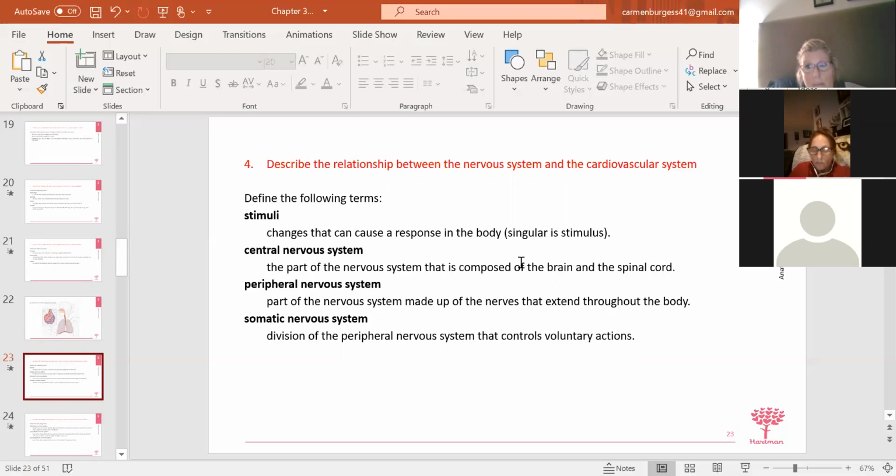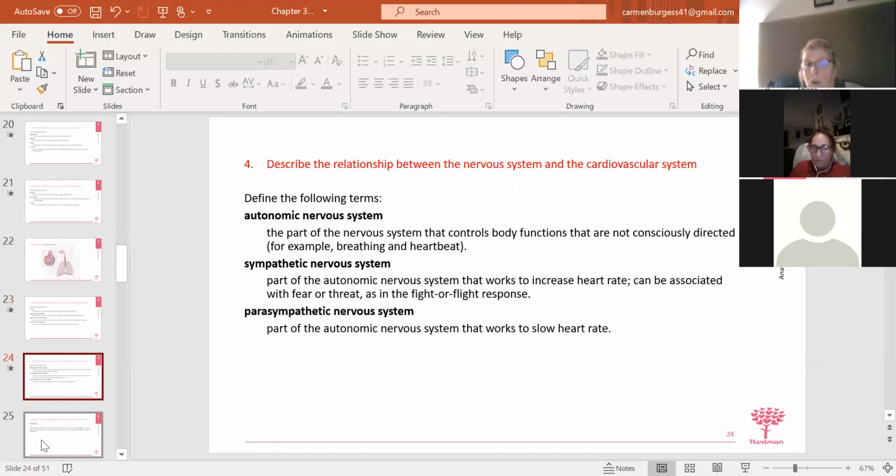Just remember that the somatic part is actions that you control. They're voluntary. If I touch something hot, I pull my hand away, that is a voluntary action. Breathing, heartbeat, blinking, those are not. That is part of your autonomic nervous system. So your autonomic is the part that you don't control.